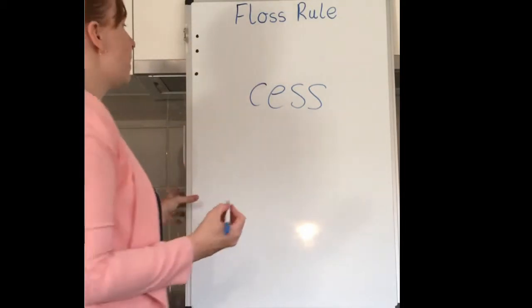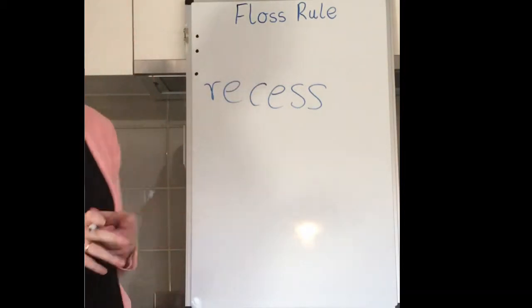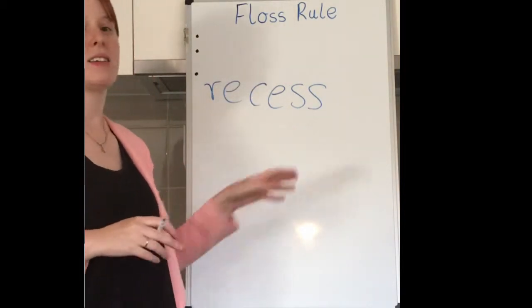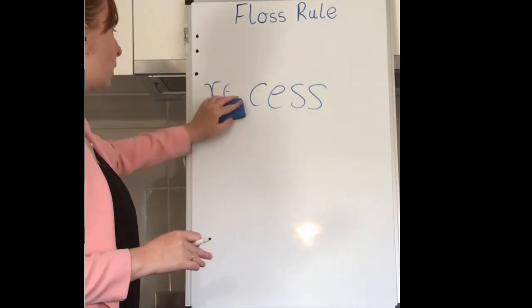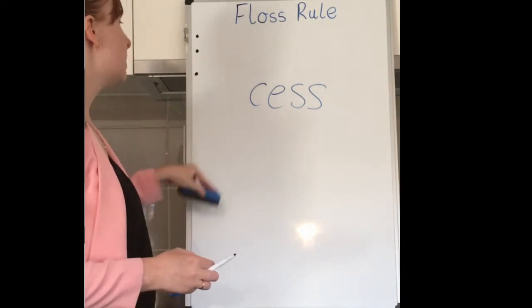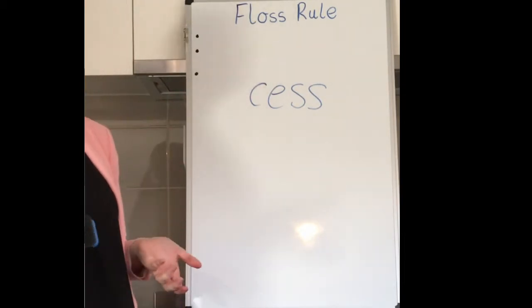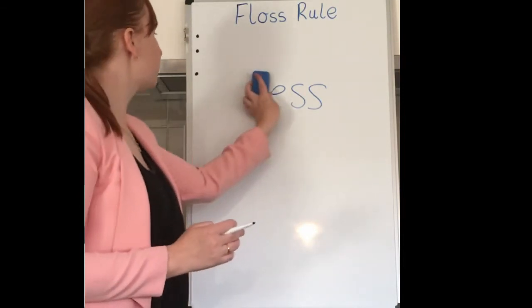However, when you add the prefix re, kids will be very familiar with it. Recess. So when I'm selecting the syllables, it's not always words. Sometimes it is nonsense syllables that they might discover in other words.